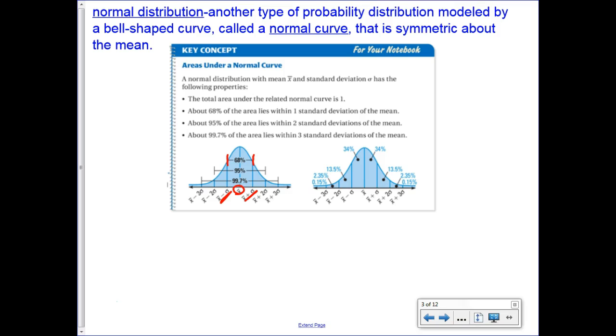So 1 standard deviation above, 1 standard deviation below. 95% lies within 2 standard deviations of the mean, and 99.7% lies within 3 standard deviations of the mean. So then you can see specifically the breakdown here that if 1 standard deviation on both sides is 68%, then each of these are 34%. And then this is 13.5, 2.35, and then 0.15 as you get further out.